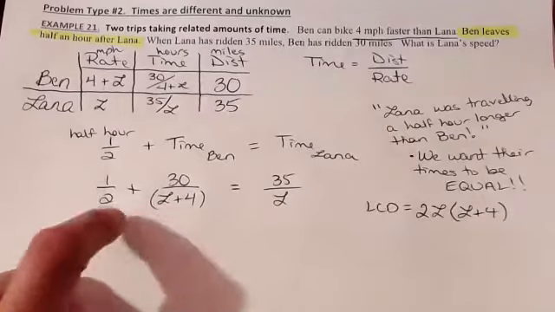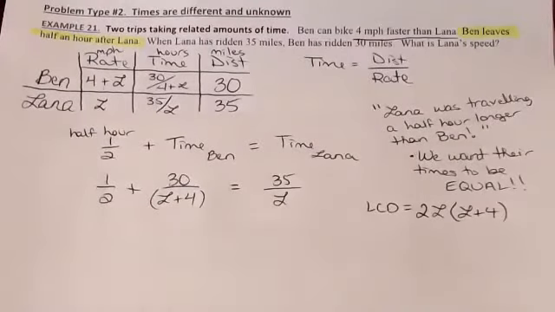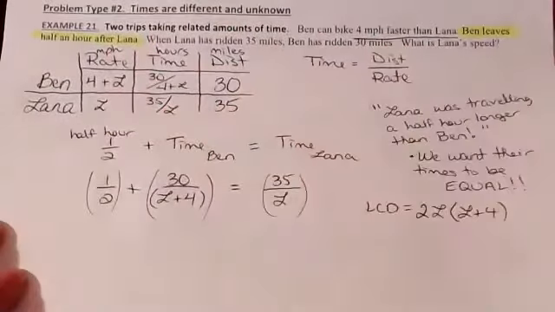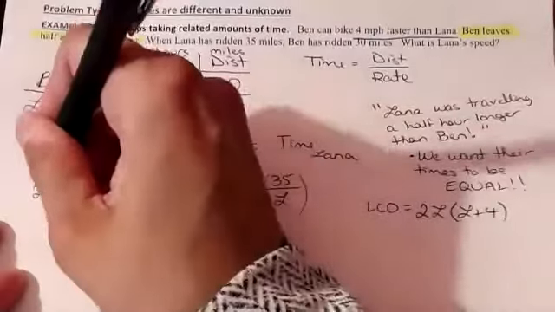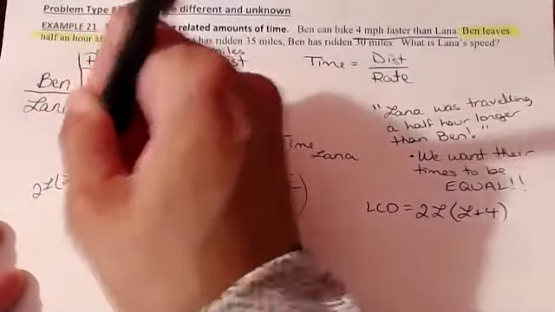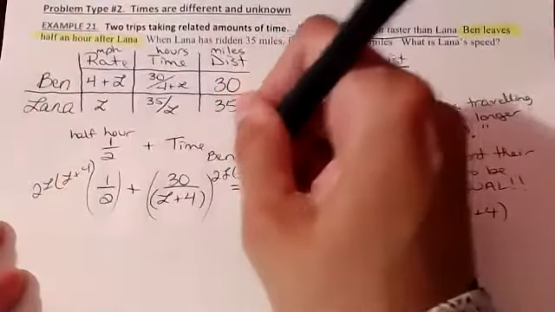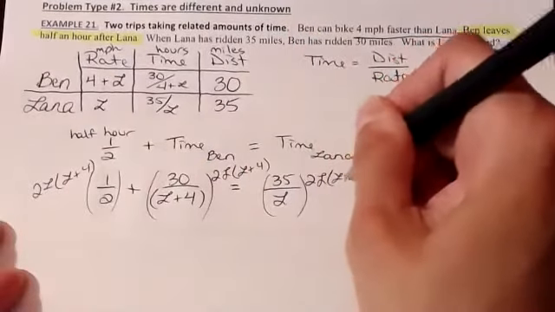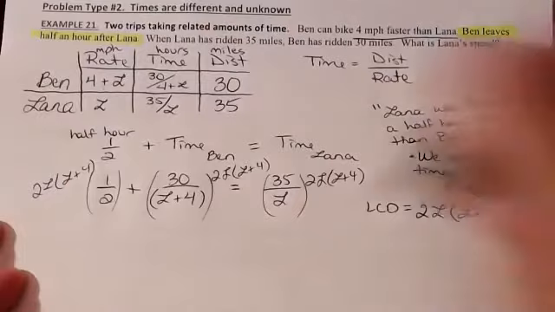So when we find the LCD, we need all 3 denominators. I am then going to multiply every term by the LCD, which is 2L, L plus 4, and now I'm going to go to town canceling.